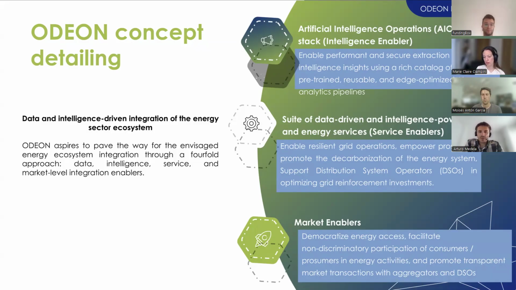We are capable of empowering prosumers and promoting the decarbonization of the energy system. These service enablers also support the DSOs, the distribution system operators, in optimizing grid reinforcement investments. So we see how we are affecting another part of the energy value chain.